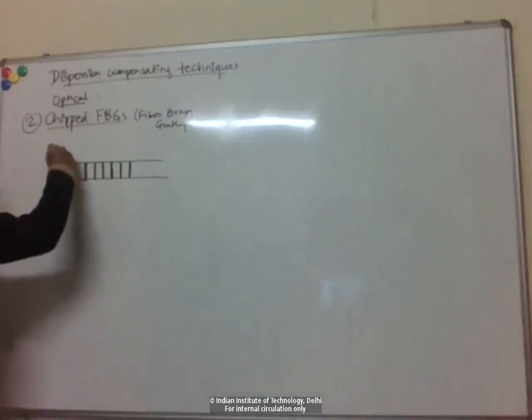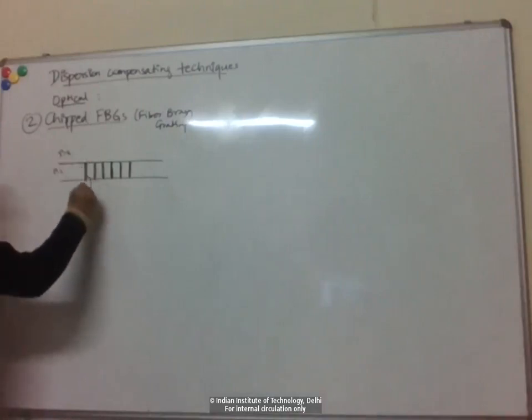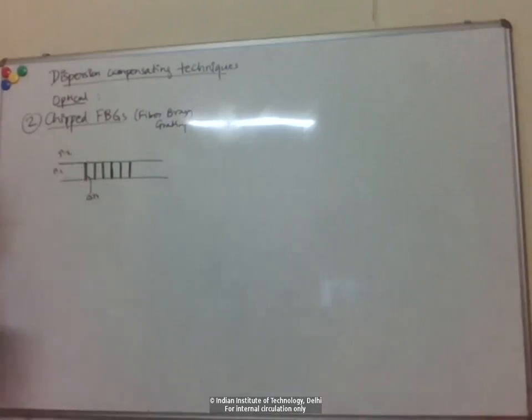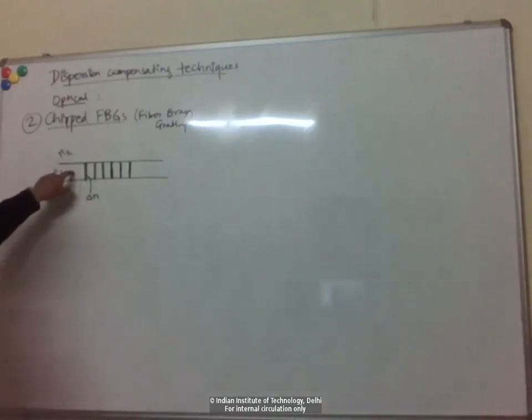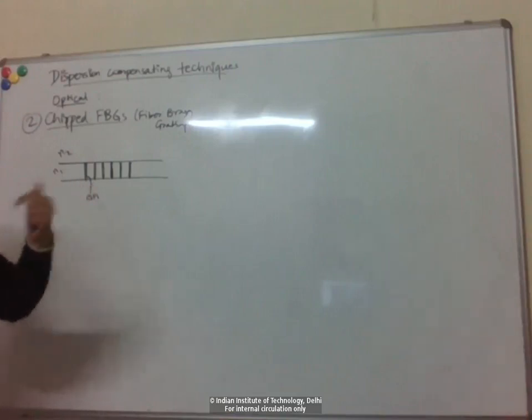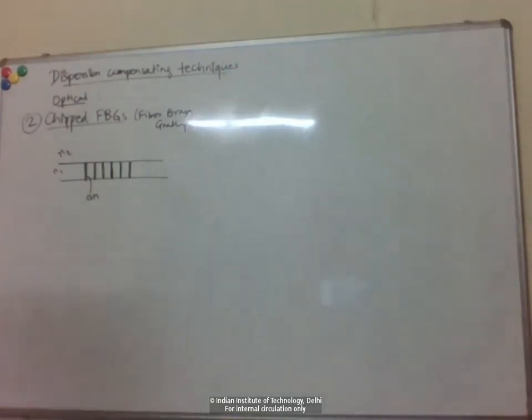So this is the core region and this is the cladding region, and then you change the index by some small amount delta n. We saw that the index difference between n1 and n2 typically for these single mode fibers is in the range of 10 to the minus 3 to 10 to the minus 2. This delta n is typically 10 to the minus 5, 10 to the minus 4, so quite small.